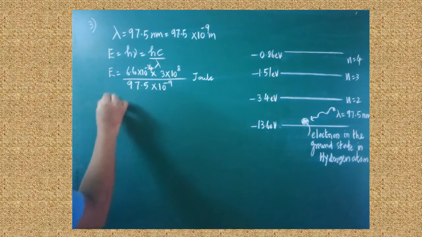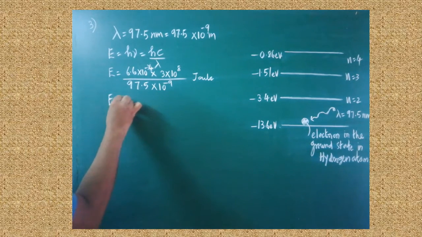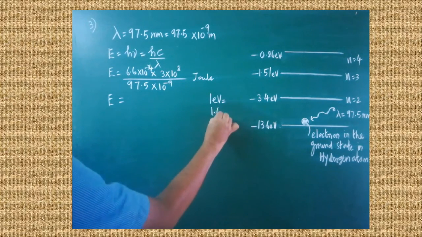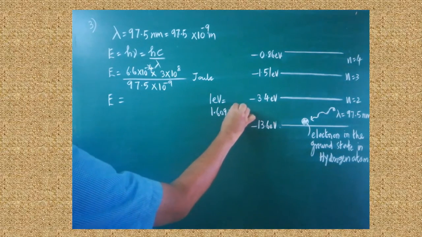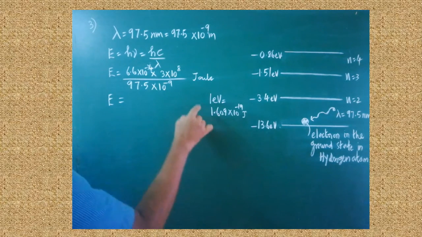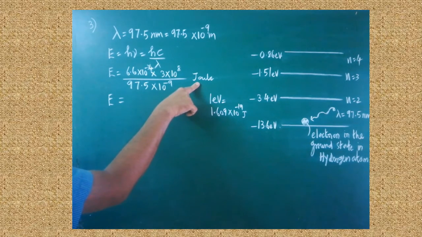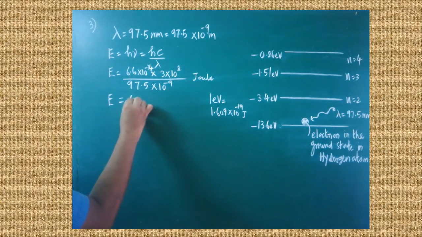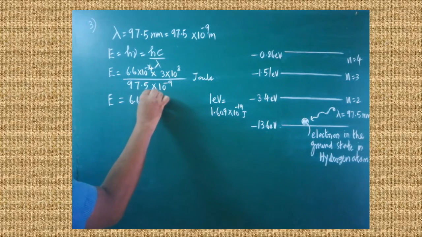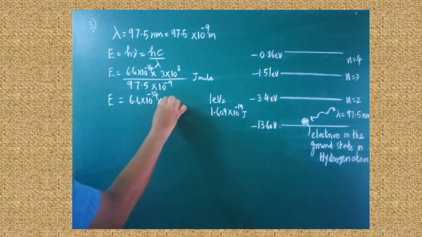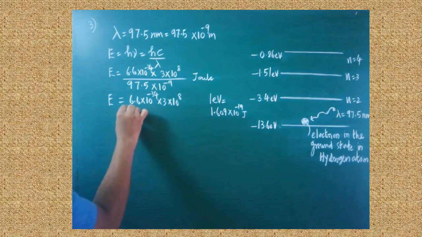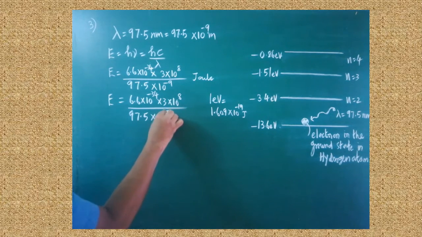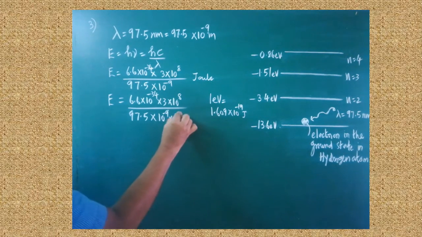But here the energy value is to be calculated in electron volt. So what do we have to do? 1 electron volt is equal to 1.609 into 10 to the power of minus 19 joule. The value is in joule but must be converted into electron volt, so this value is to be divided here: 6.6 into 10 to the power of minus 34 into 3 into 10 to the power of 8, whole divided by 97.5 into 10 to the power of minus 9 into this value written in the denominator.